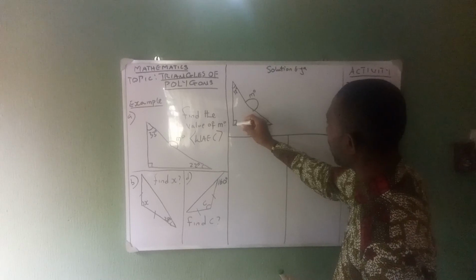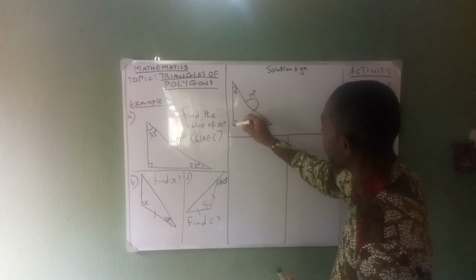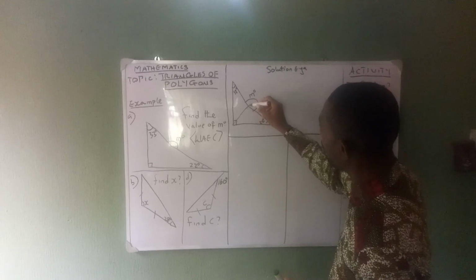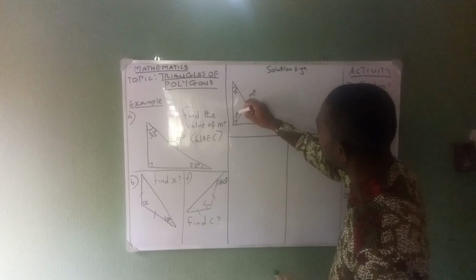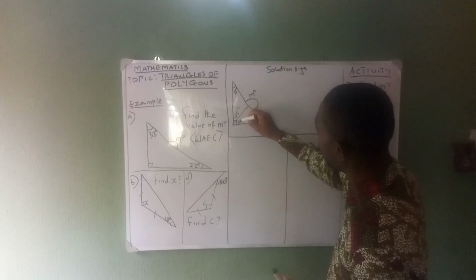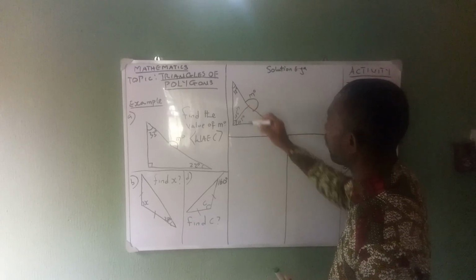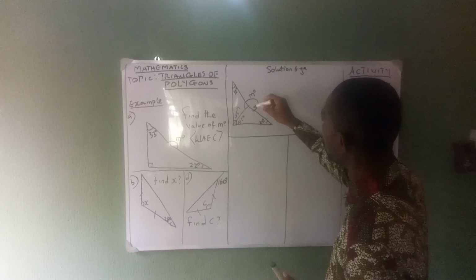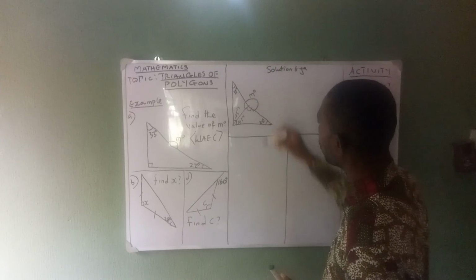We divide this angle of this right angle triangle. If we divide it like this, we will have here 45 degrees. We'll also have here 45 degrees, because half of 90 is 45. So the angle here we don't know, and the angle here we don't know.